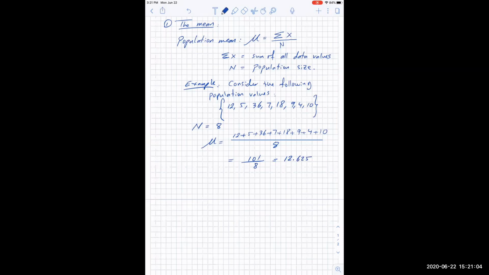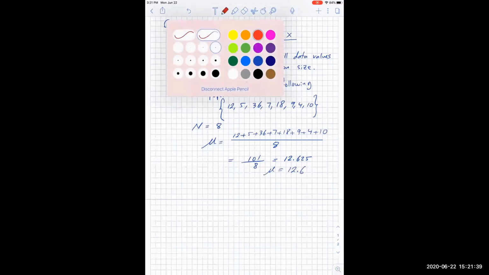Now, there is a statistical rule here. When you're trying to find the mean, you always go one decimal place above your data values. Since I have all whole numbers here, I need to round my population mean to one decimal place. So at the end, my population mean is 12.6.